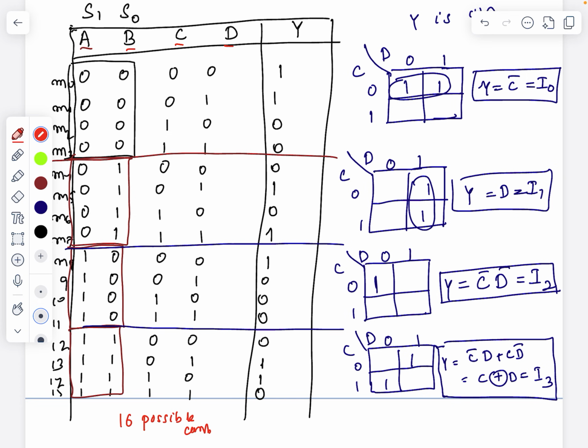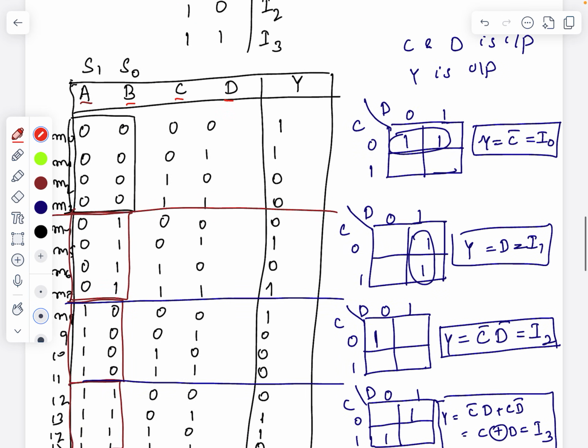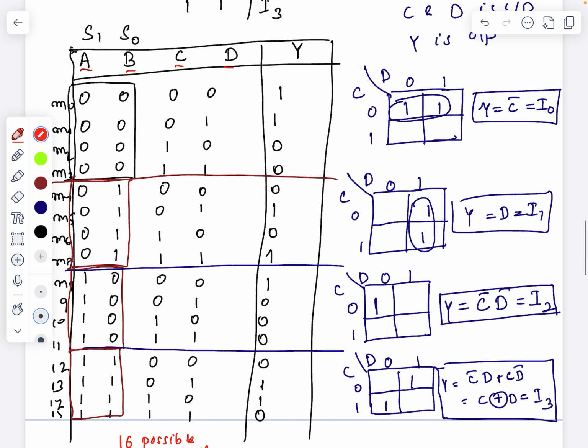And the output is given. What is the output? The output will be 1 when the SOP terms are 0, 1, 5, 7, 8, 13 and 14. So first I wrote the table A, B, C, D with the possible combinations. Then I marked M0, M1, M5, M7, M8, M13 and M14.